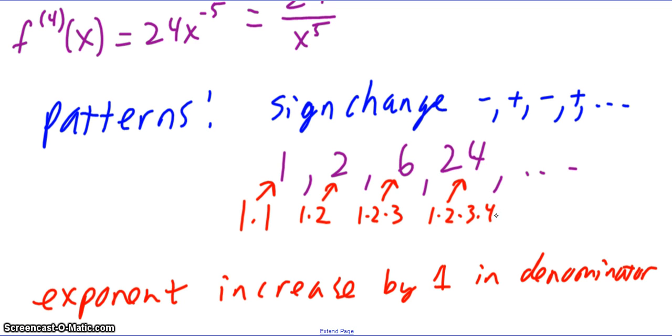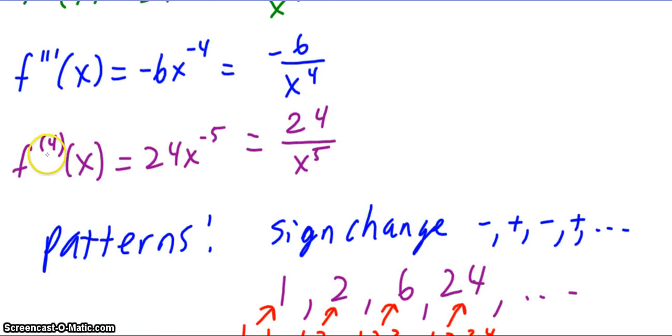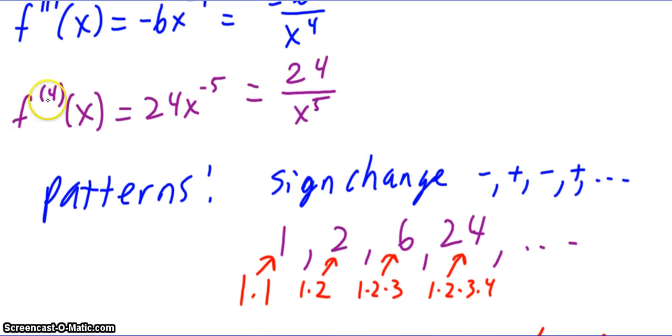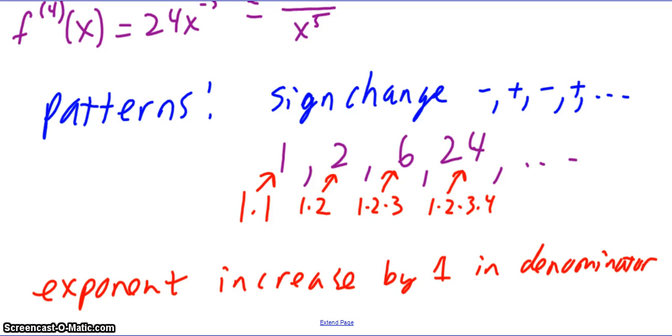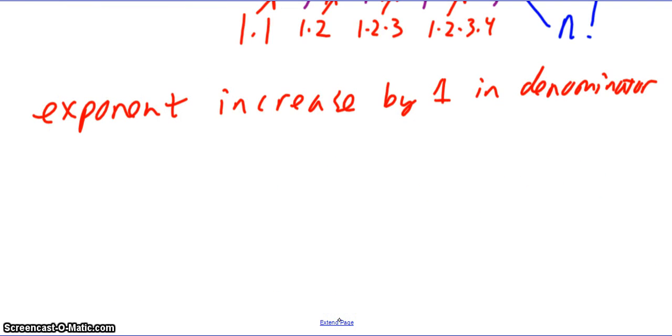So what is happening? Well, this is factorial. So whatever n is, the derivative, so in this case 4, or the third derivative would be 3, then this coefficient is n factorial.